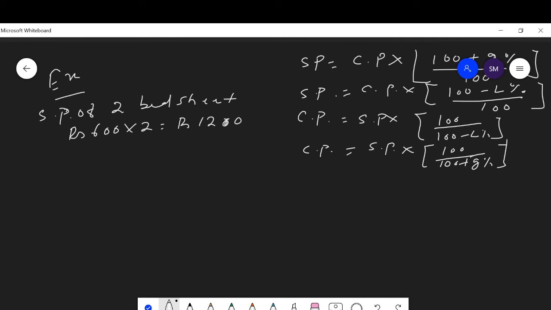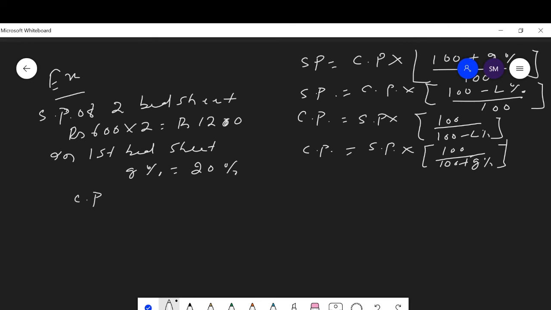SP of 2 bed sheets is equal to 1200. In one bed sheet he gains 20%. In the first bed sheet, gain percent is equal to 20%.